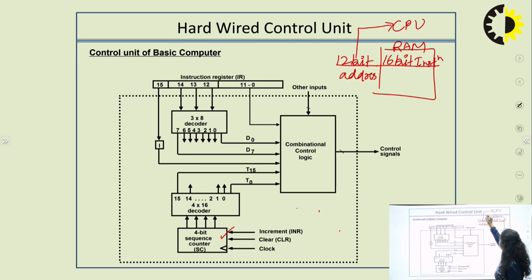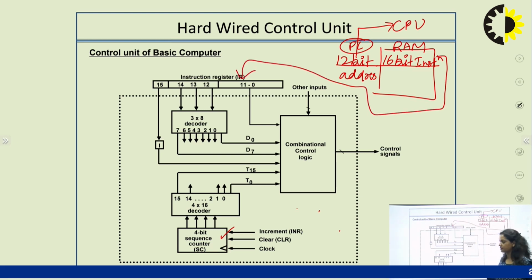It will be copied to the program counter. So the CPU will issue a physical address of 12 bits, contained in the program counter, and at that particular address some data is available. That data is a 16-bit instruction. That instruction is being copied to this instruction register. So this is the starting of this task actually.